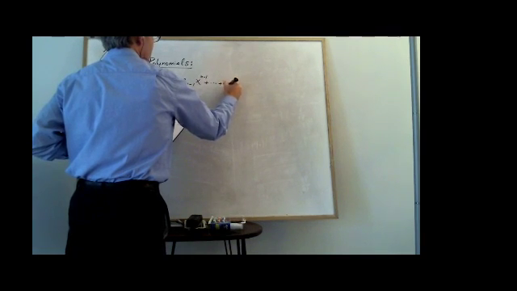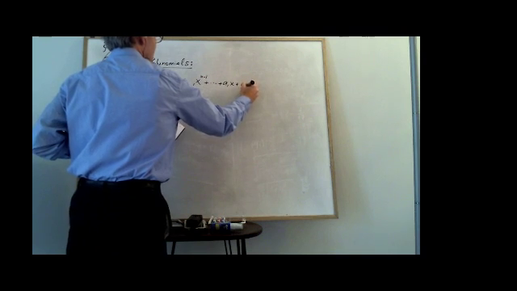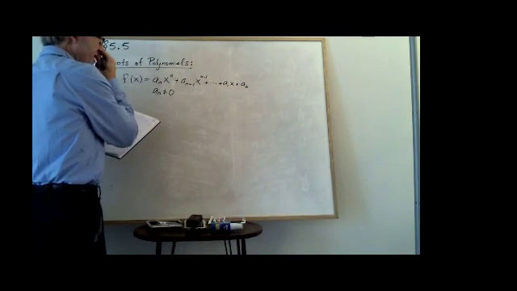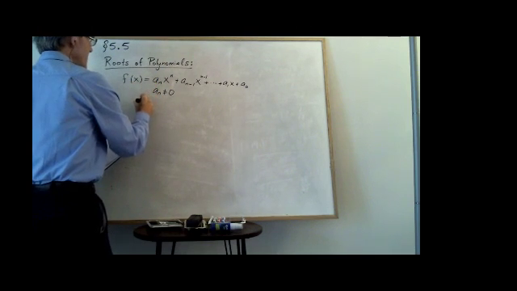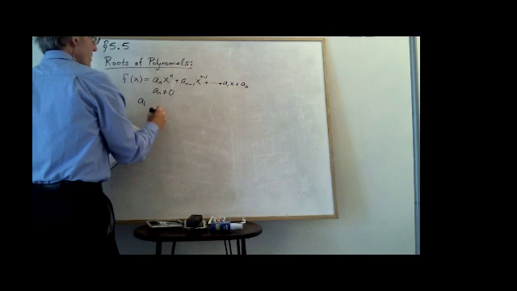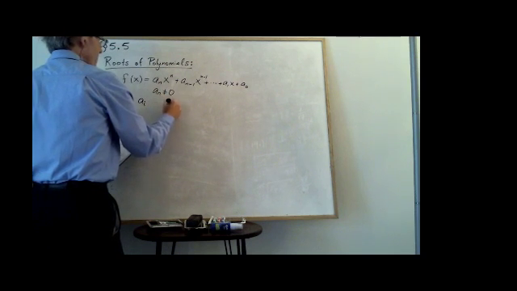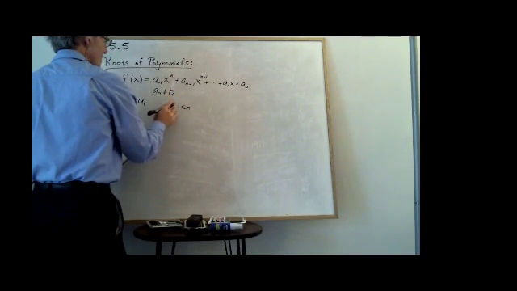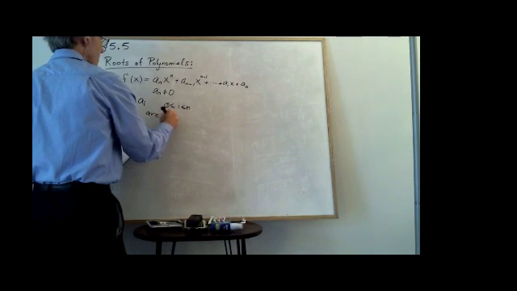All the way down to a_1 x plus a_0. Okay, so that's a general polynomial. The a_i, where i is an index running from 0 to n, are complex numbers.